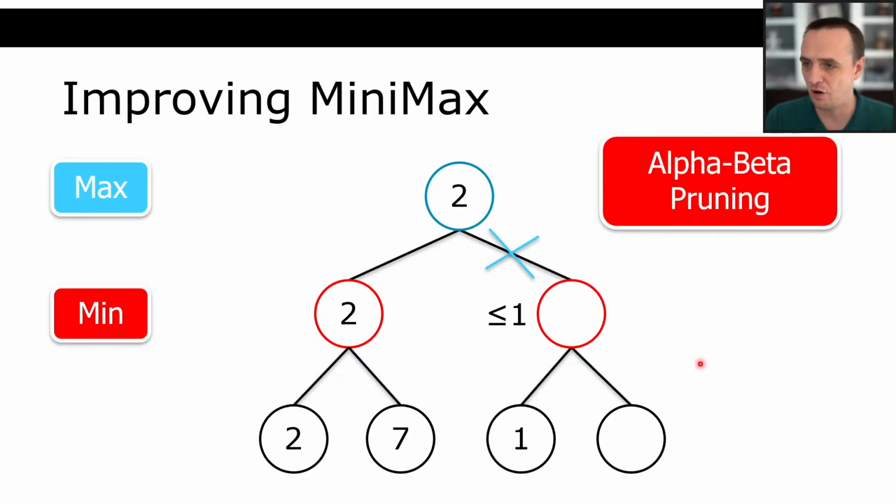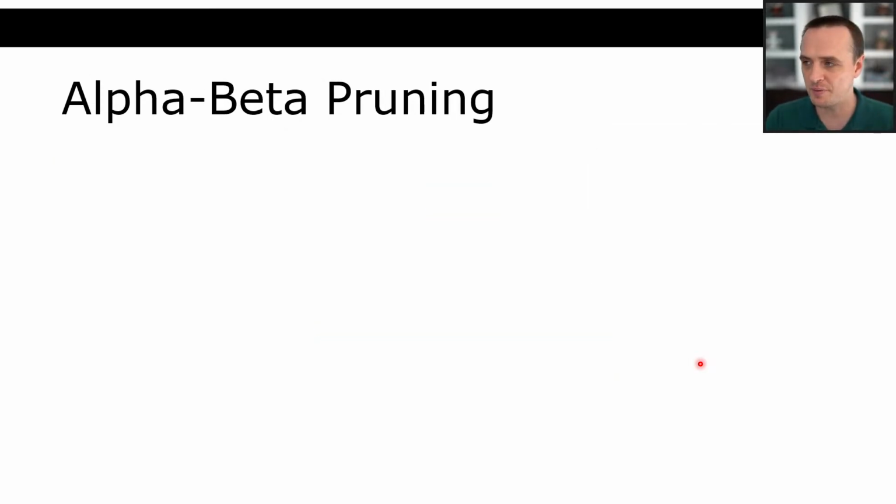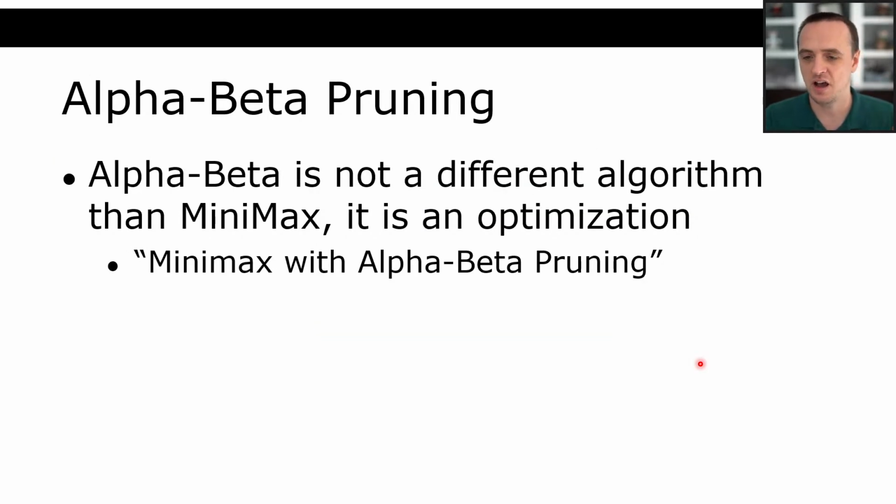This is called AlphaBeta pruning. AlphaBeta pruning is not a different algorithm than MiniMax. Sometimes you'll see online someone says this is the AlphaBeta algorithm, right? It's a bit of a misnomer. If I'm being really pedantic, which computer scientists are known for, there's really not an AlphaBeta algorithm.